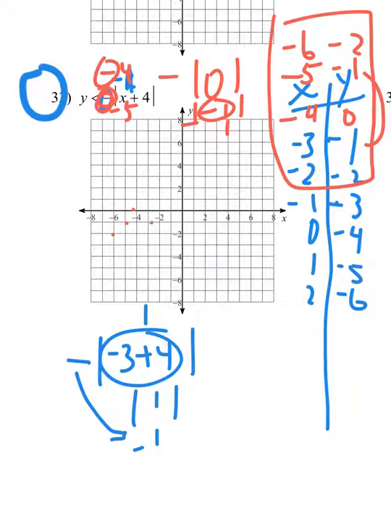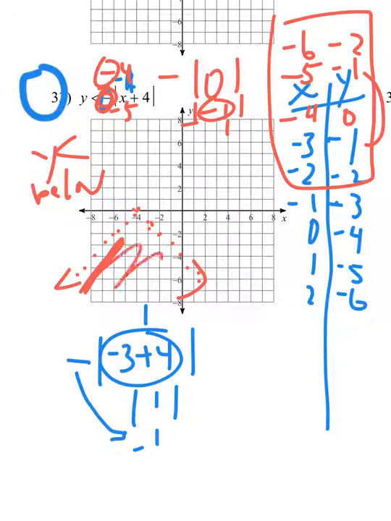Okay, -3, -1 is going to be right there. And then -2, -2. Now, this was just a less than, so it's going to be a dashed, or dotted, V. So we have to make sure we pay attention to that, just like with linear inequalities. And Y is less than, so we're going to shade below that V. Below that V would kind of be down here.